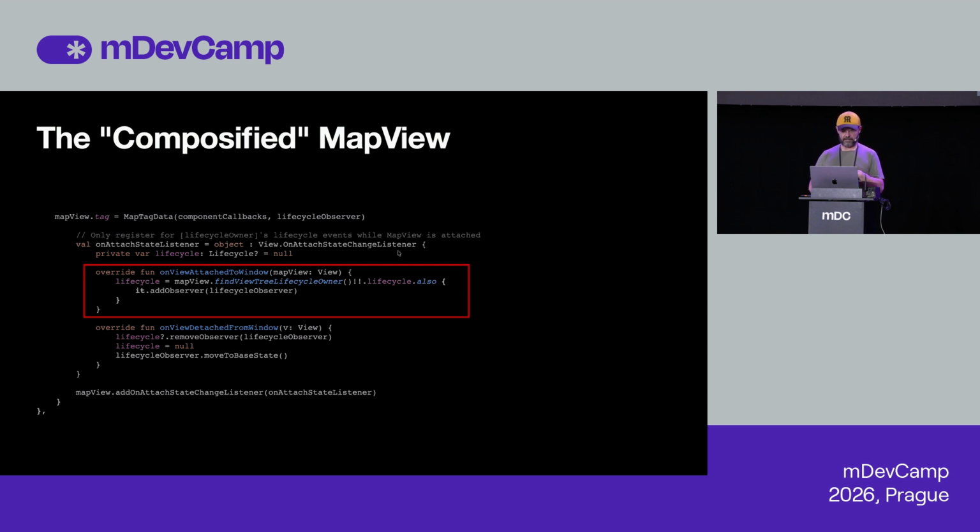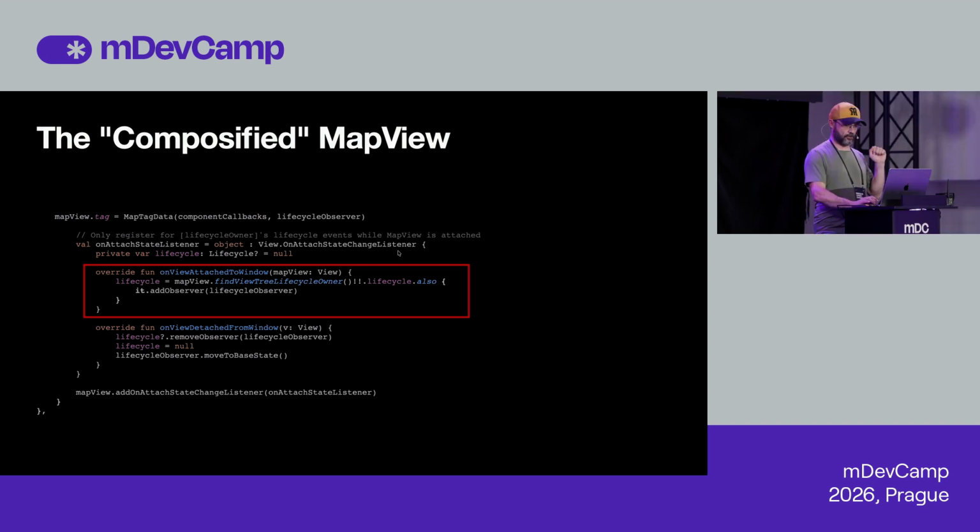And here we start operating with the lifecycle. So we are going to use this view, which is again a view-specific method, onAttachStateChangeListener, to be able to identify when the map is being attached to the window. Before it gets attached to the window, we don't need to operate with it. So here we initialize the lifecycle with findViewTreeLifecycleOwner from the map view.